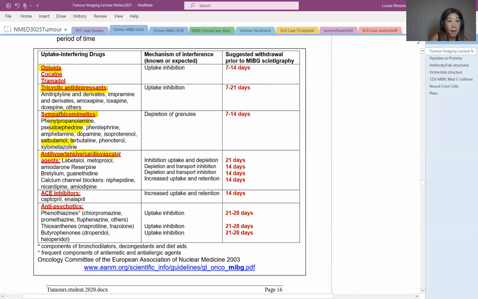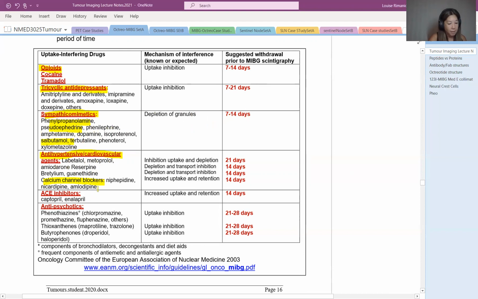Antihypertensives and cardiovascular drugs. You'll recognize labetalol, metoprolol. These are blood pressure meds. Also, the calcium channel blockers are quite commonly used.